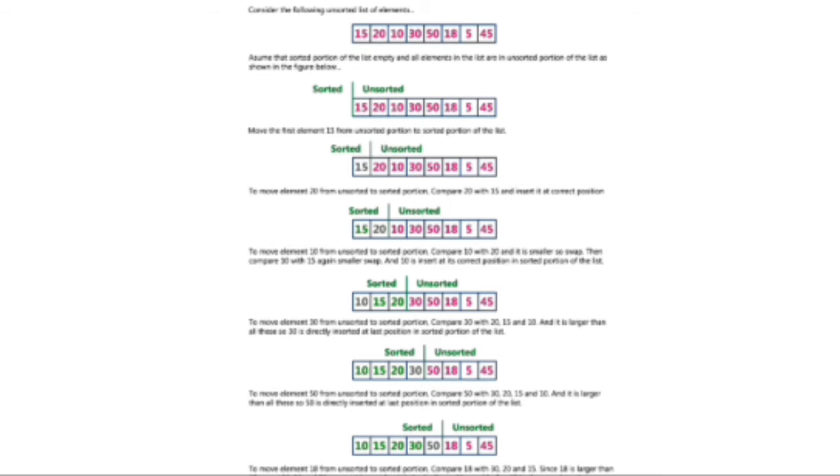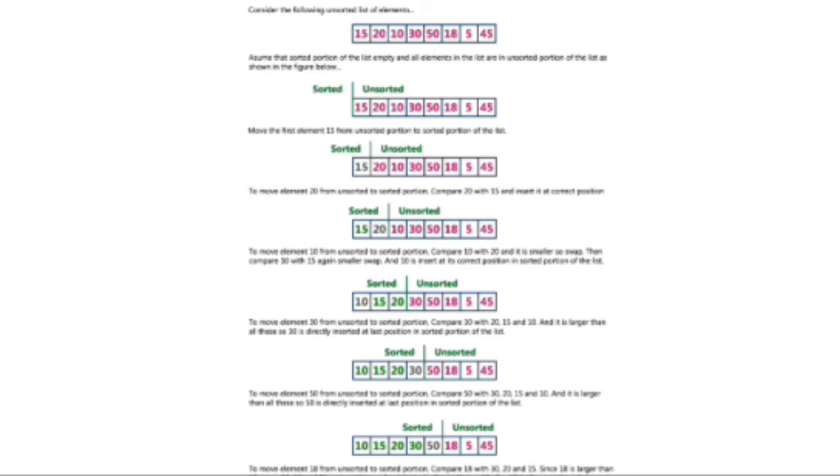I already told you that an array consists of a sorted and an unsorted sublist. The first element is always sorted, and the remaining elements, 20 to 45, are the unsorted list. We have to pick an element from the unsorted list and keep it in the sorted list. This is known as insertion sort.